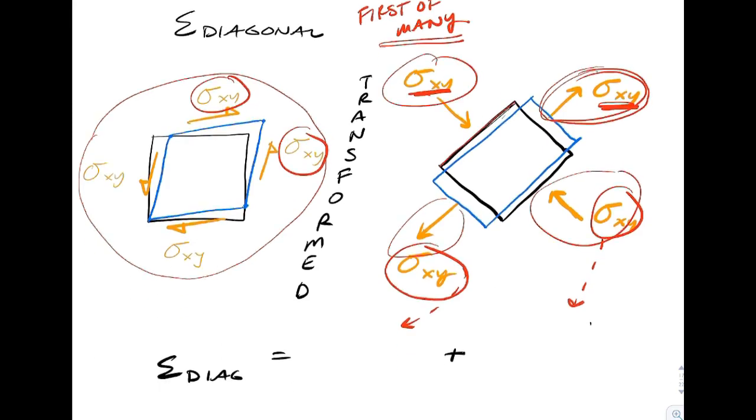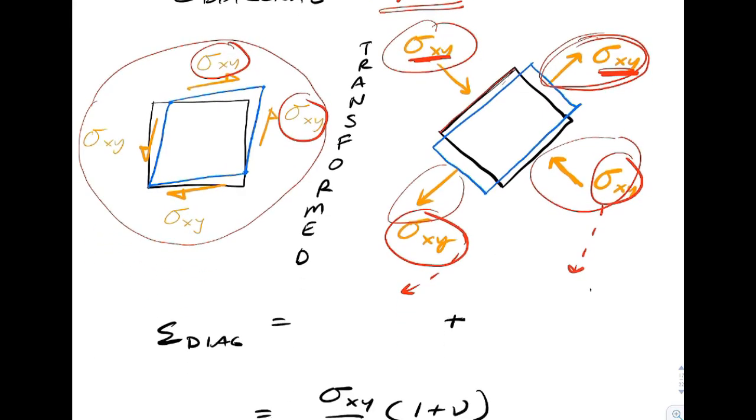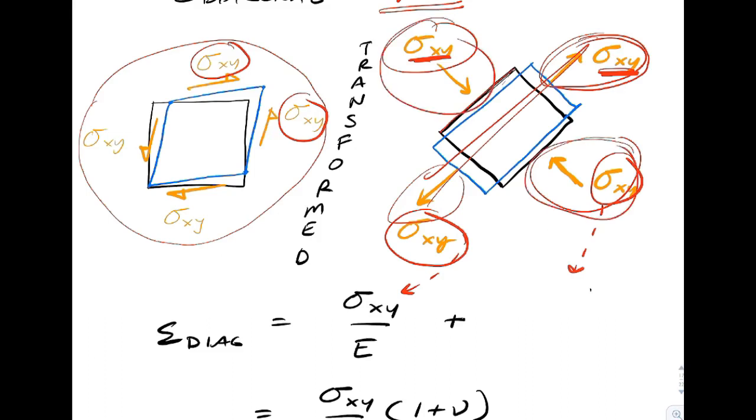And so we'll then apply 3D Hooke's law to calculate strain on the diagonal. So I'm going to take the direct stress, which is sigma xy divided by E. I'm going to subtract Poisson's ratio times sigma xy over E. Those are in compression on the lateral faces, so that's going to end up giving me a positive term.